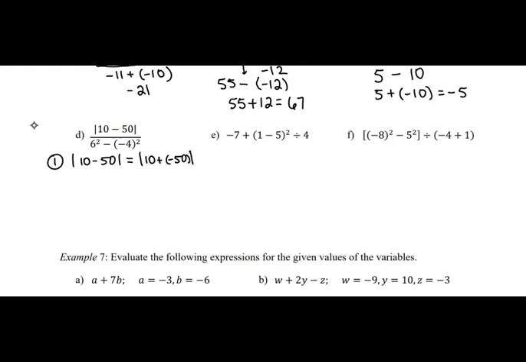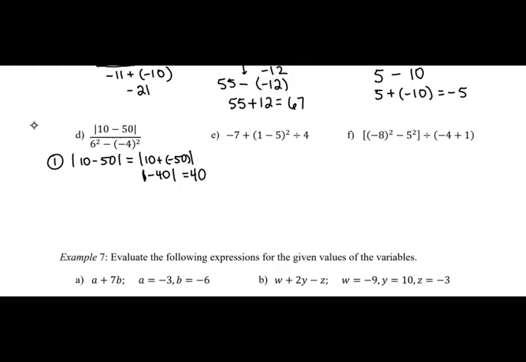That means 10 minus 50, which is going to be the absolute value of negative 40. The absolute value of negative 40 is how far negative 40 is away from 0, which is 40. So on top, the answer to the absolute value of 10 minus 50 is 40.